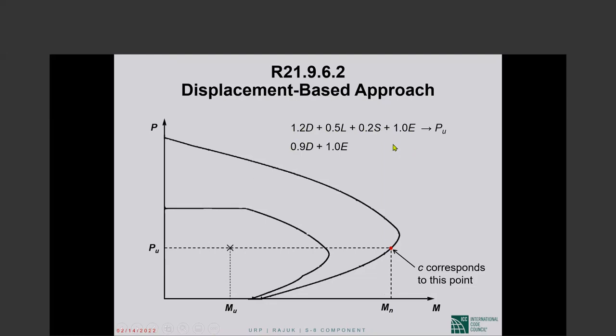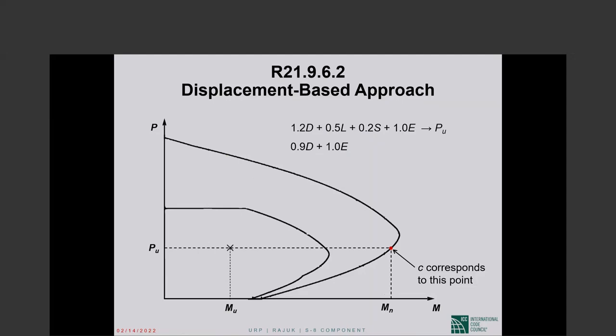Here, the gravity causes compression. The earthquake also causes compression. In the counteractive load combination, the gravity causes compression, but the earthquake now causes tension. So we use this load combination to calculate the lowest compression or the highest tension. We use this load combination to figure out the largest compression that can come on our shear wall.